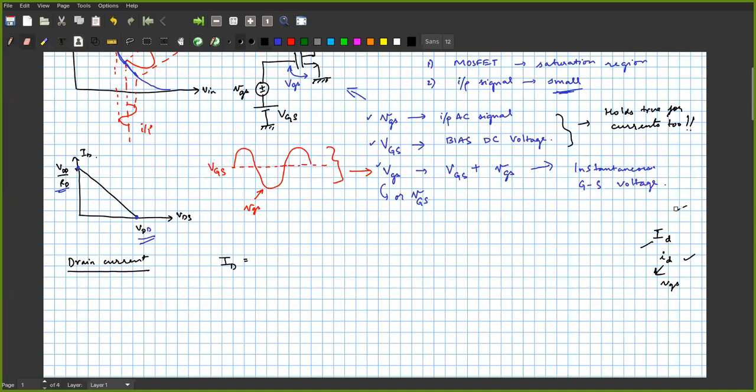Right. And now to write the drain current, ID equals half mu n COX W by L into VGS minus VT.